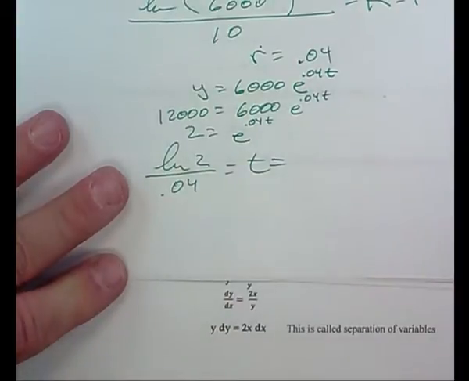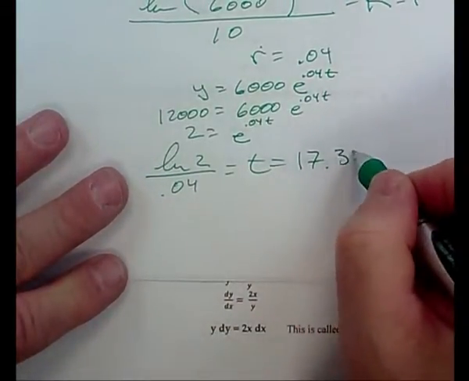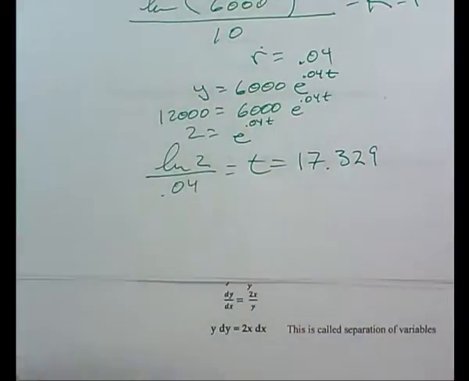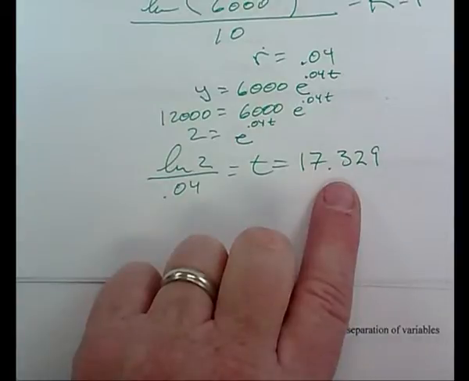And what do we get? 17.329. So in the 18th year I'd get double my money for sure, plus some change, correct? So 18 is not perfect, but it gives me a good estimate.